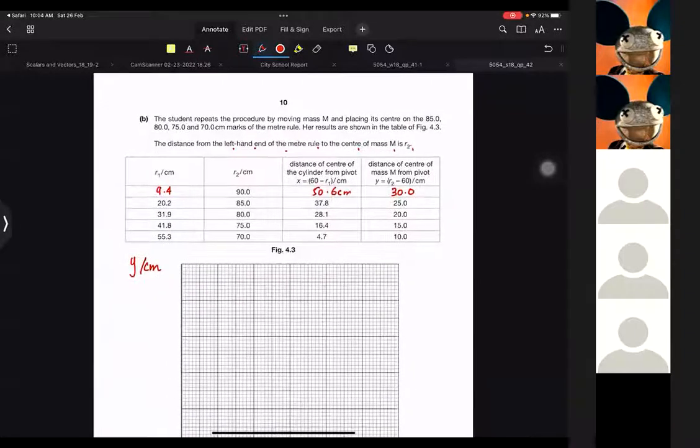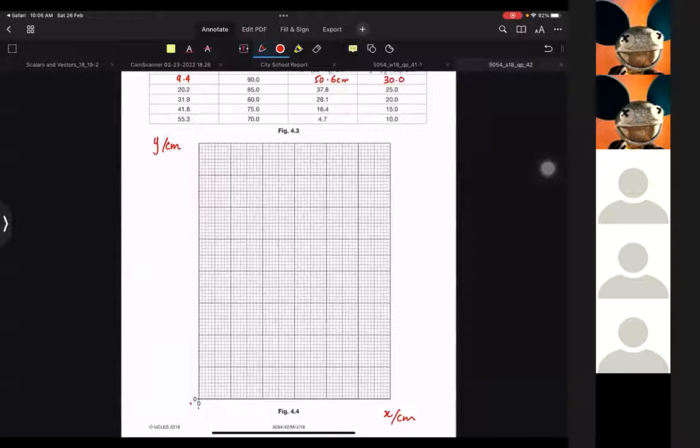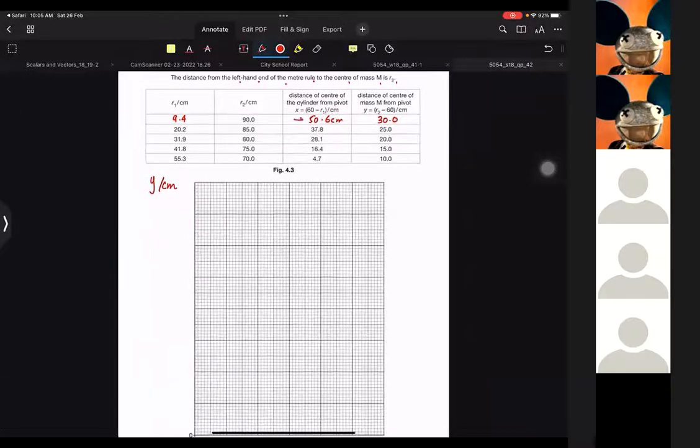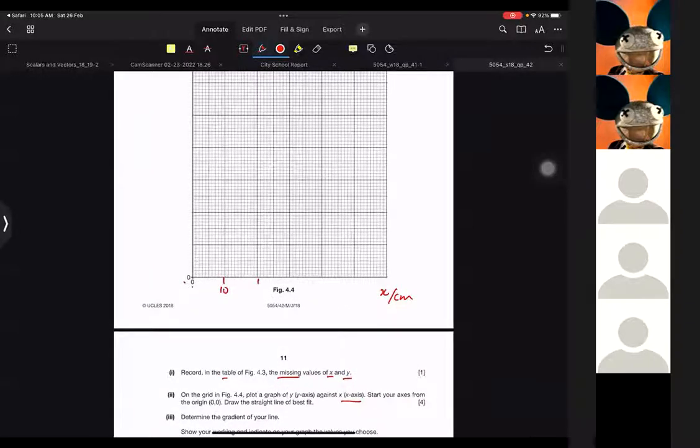So we are going to do it one by one. First is 50.6 and 30.0. On the x-axis you have to go till 50, so I'm going to do 10, 20, 30, 40, 50. I think it will do.